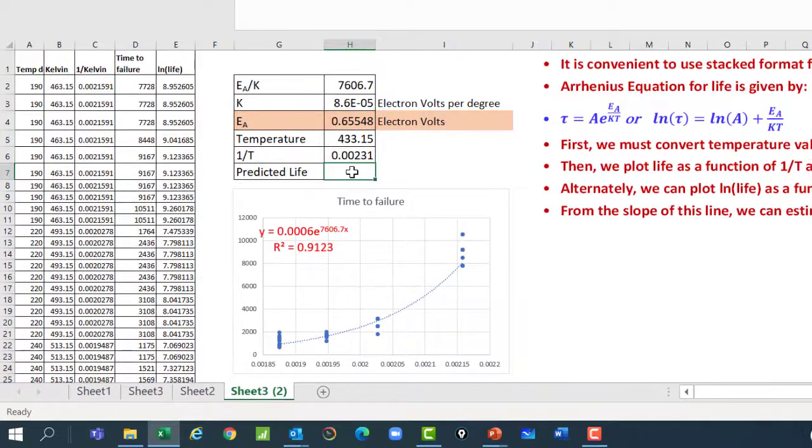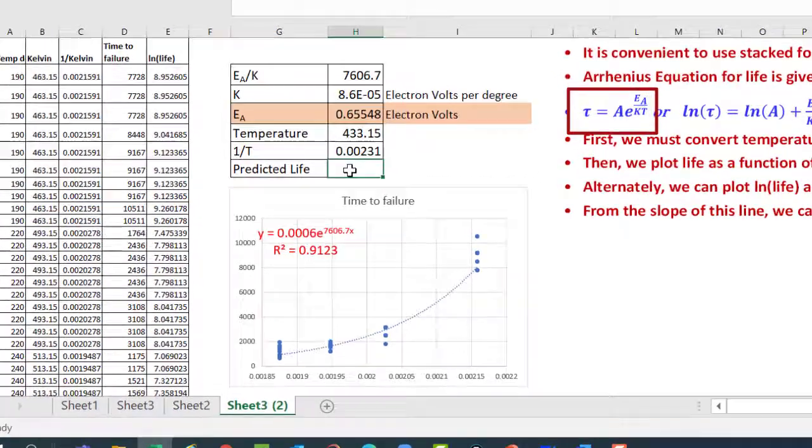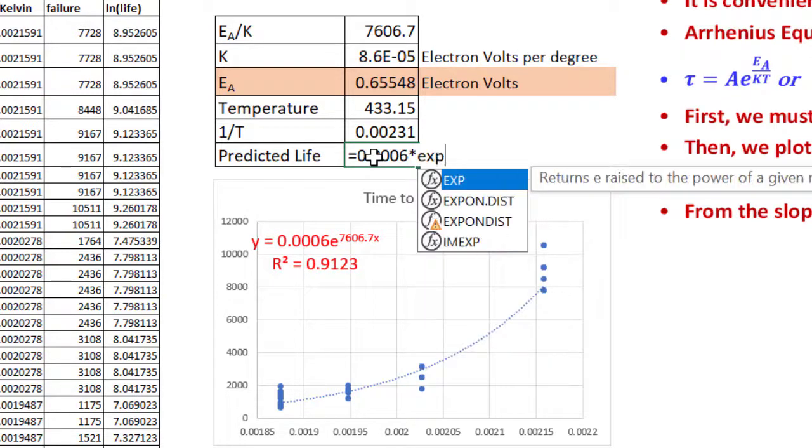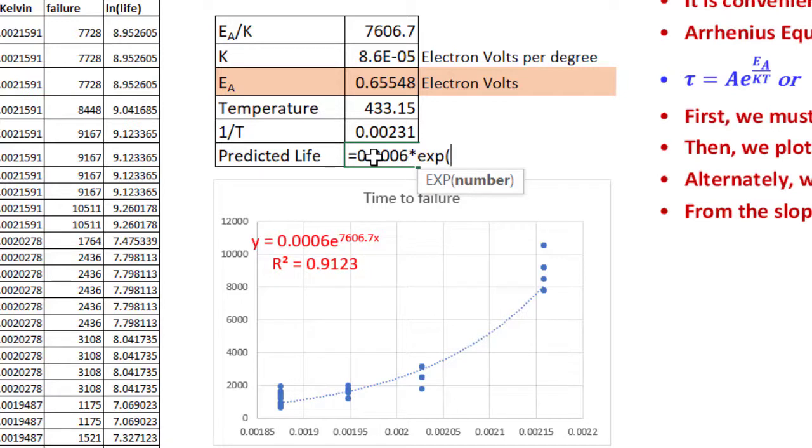So the predicted life we can find out by any of the equations, either in the exponential form or logarithmic form. It is easy to use the first form, that is tau is equal to A into e to the power Ea upon kT. So the predicted life would be equal to, now the constant A is 0.0006 star, exponential of Ea upon K is given as 7606.7 divided by temperature.